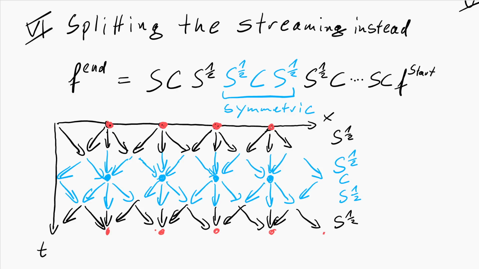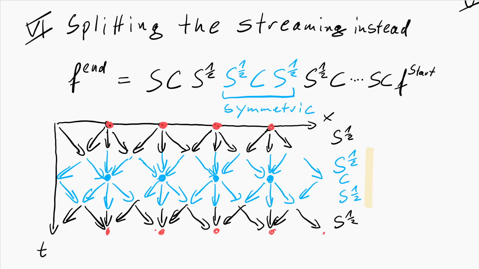characteristic plot of the Lattice-Boltzmann method, where we plot here the space, and here we plot the time. So what we are doing in one of our symmetric operators: this will be in the middle, it has a collision, and before this it has half a streaming, so streaming half of the distance, and after this we have another half streaming.